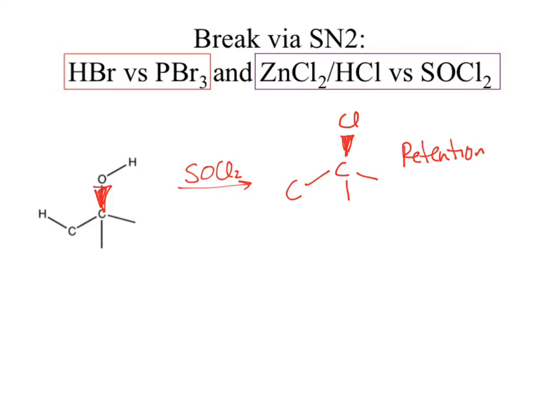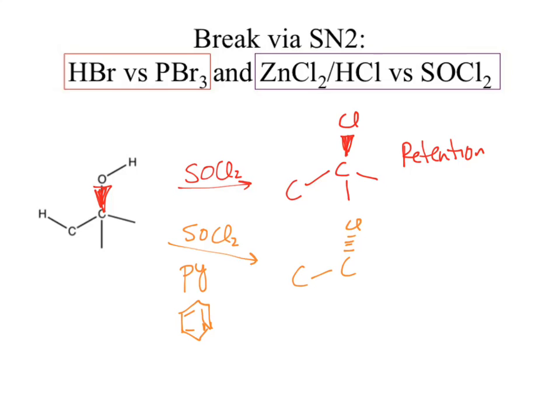How would you know that you were expected to draw the other one? You would see SOCl2 followed by PY for pyridine. You might also see it drawn out. That's going to end up giving you the inversion product.